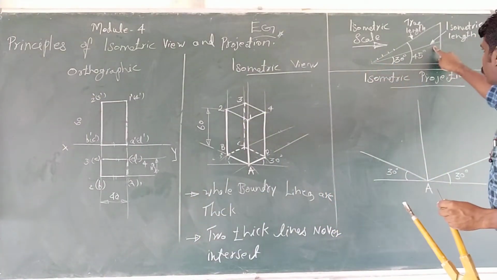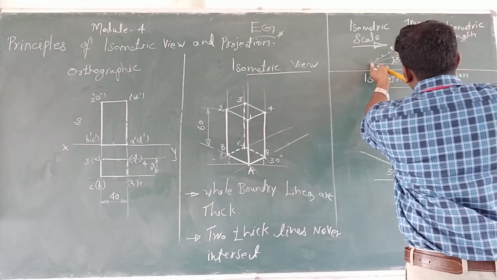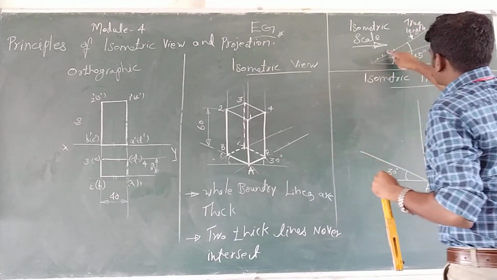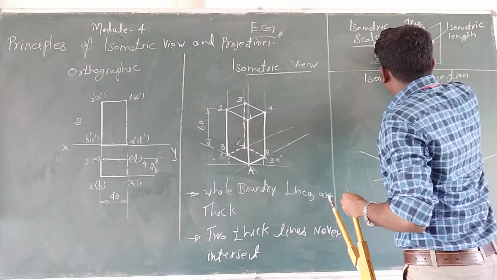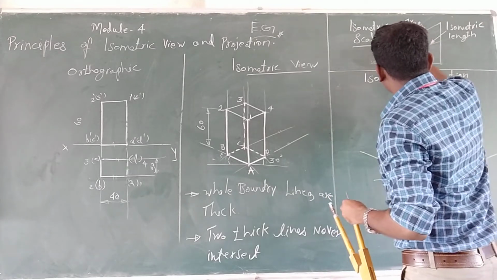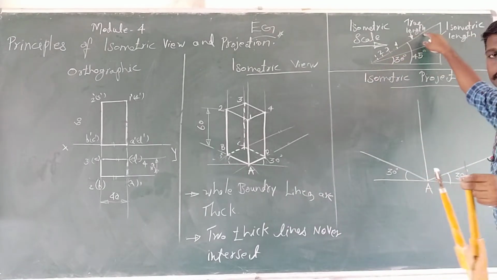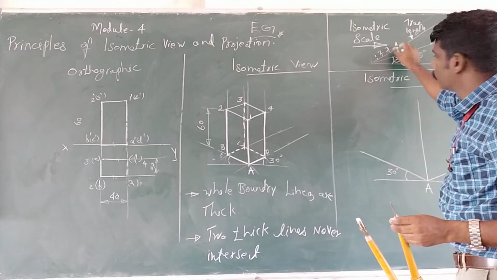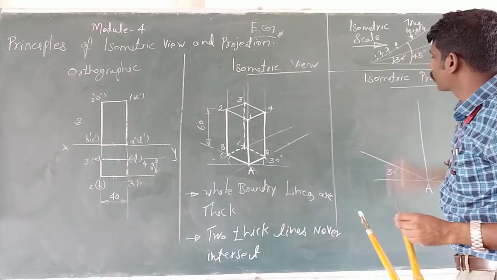To find the isometric length, first draw the isometric scale. This is 1, 2, 3 and 4, the true length: 10 mm, 20 mm, 30 mm, 40 mm, or 1 cm, 2 cm, 3 cm, 4 cm.